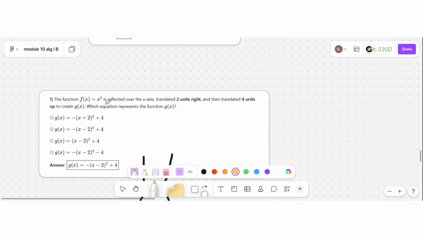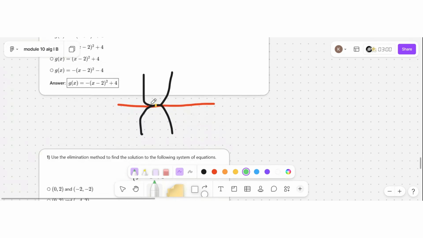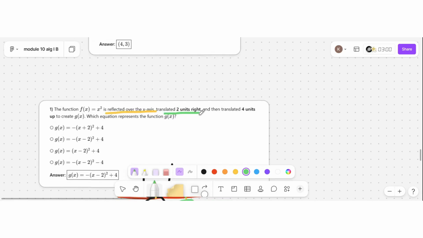That first part was it being reflected over the x-axis, but now it needs to be translated 2 units right. So if we move this 2 units right, our vertex would now be about here. We're just visualizing what this would look like. And now we need to go 4 units up.